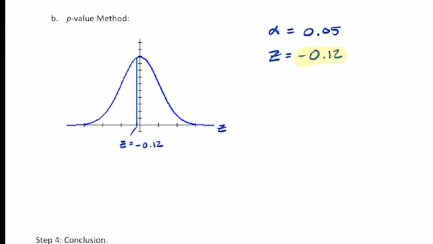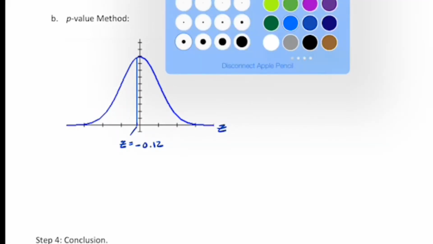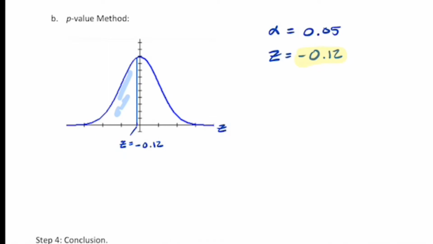Again, this is our Z-axis. And so here, when you were using our p-value method, it's two tails, right? So you need to double that area. So here, we're going to find the area here, okay?